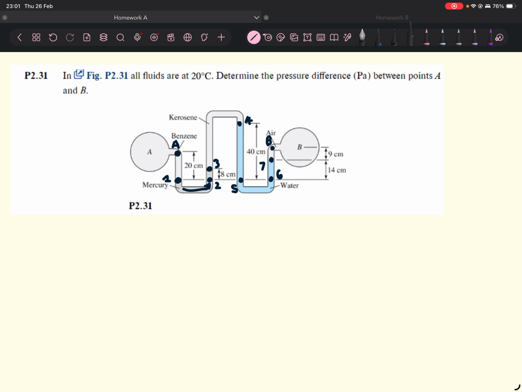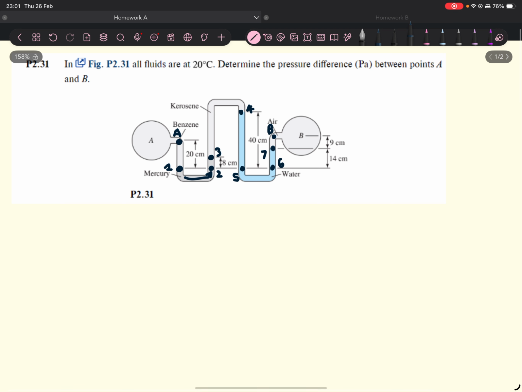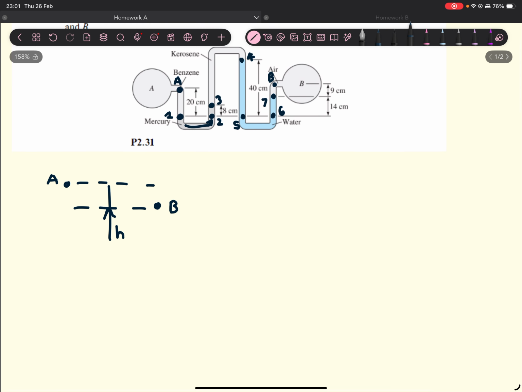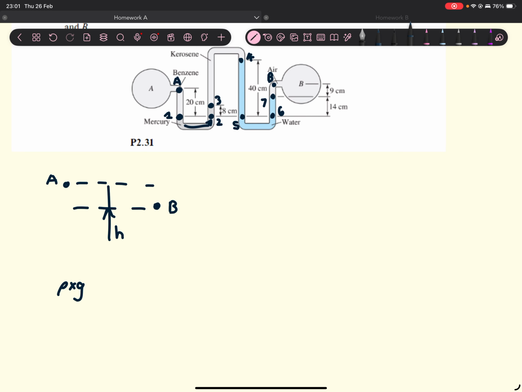If the fluid was uniform, let's say point A was here and point B was down here somewhere, the difference in pressure would just be rho times g times h, where rho is the density of that specific fluid.